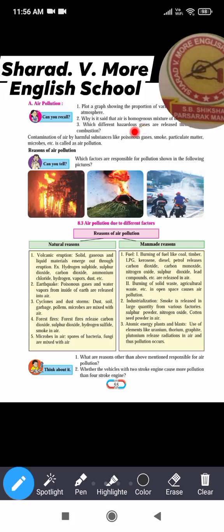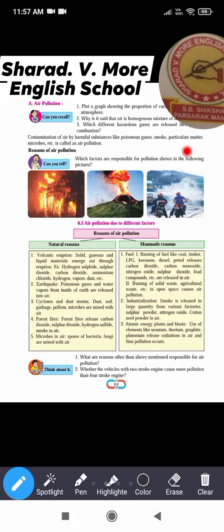Now, contamination of the air by harmful substances like poisonous gases, smoke, particulate matter, microbes, etc. is called air pollution. So what is air pollution? Contamination of the air by harmful substances, like poisonous gases, smoke, particulate matter.